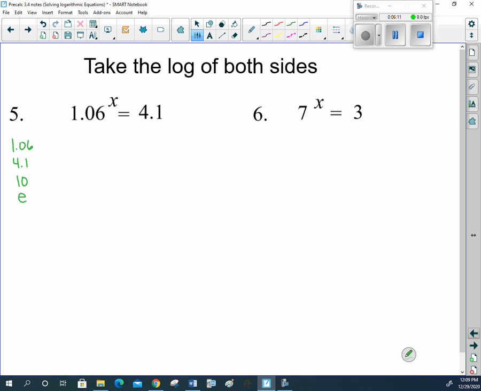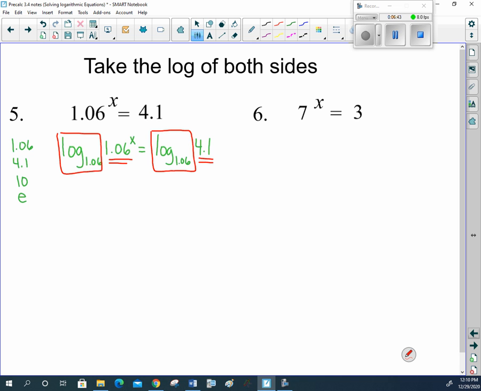So if I take the log of both sides, I'm going to say log base 1.06 of 1.06 to the x equals log base 1.06 of 4.1. See how, when I say I take the log of both sides, I added this log base out in front of each of these argument pieces.